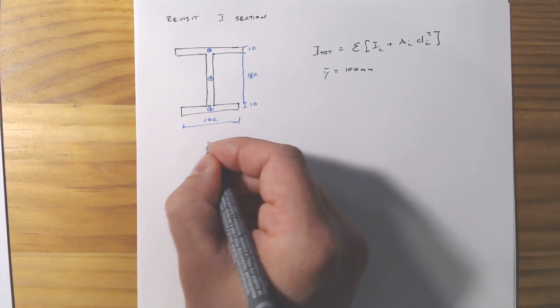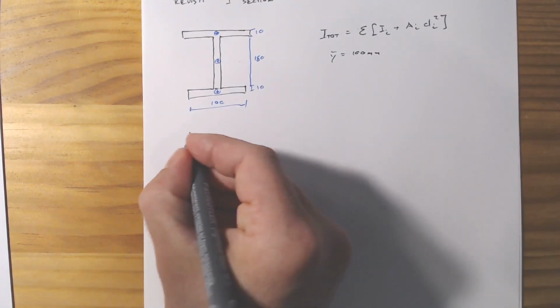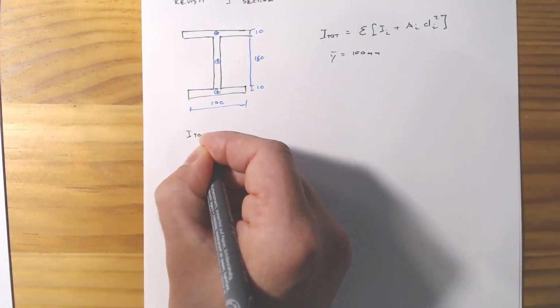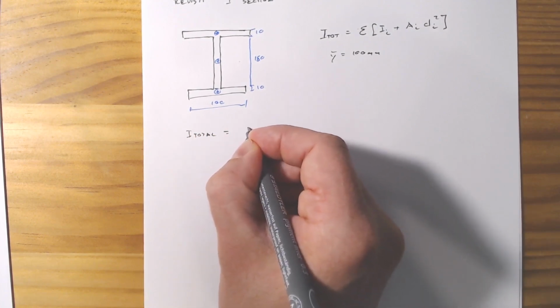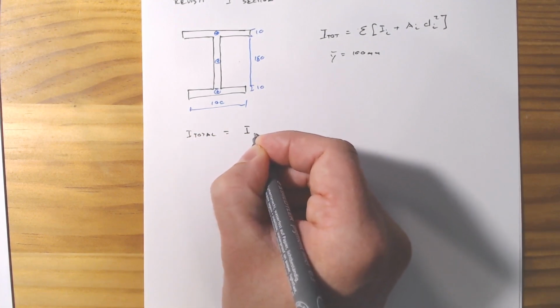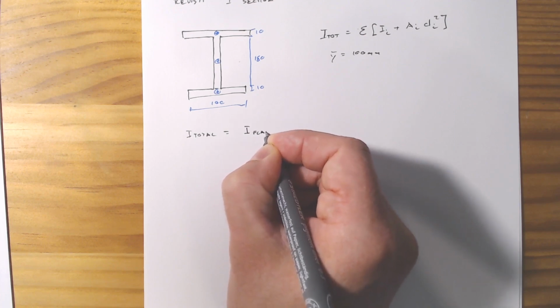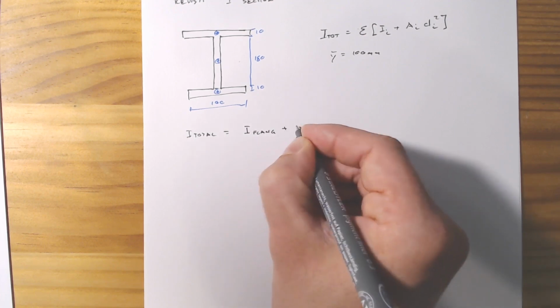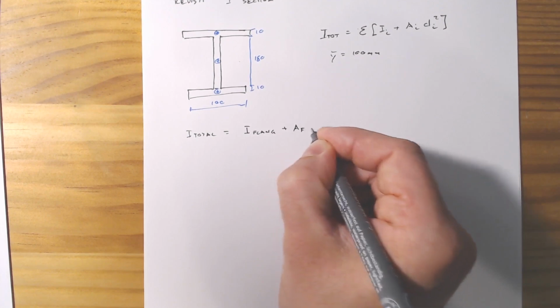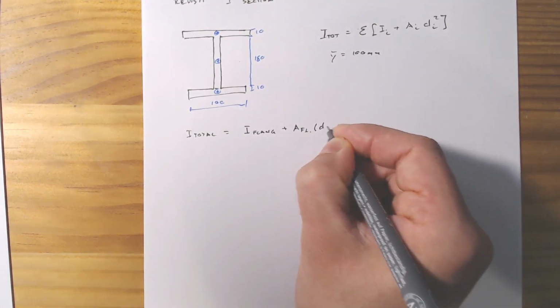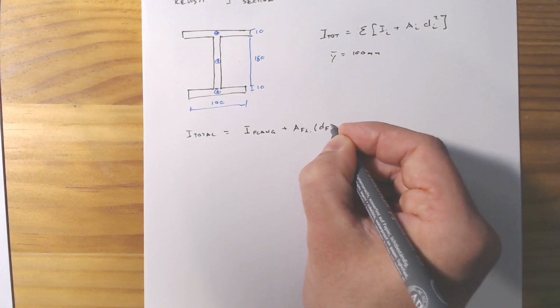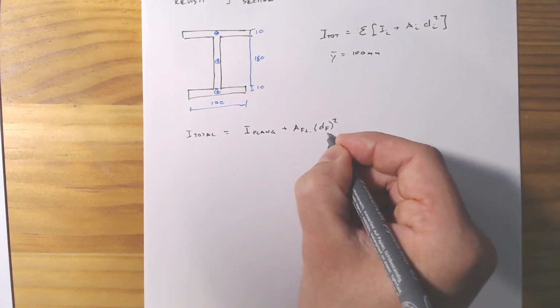We'll come down here where we need a little bit more room. I total is simply going to be I flange plus area of flange times d flange squared.